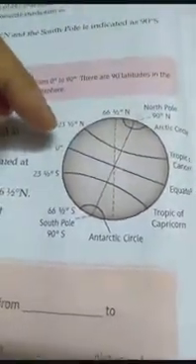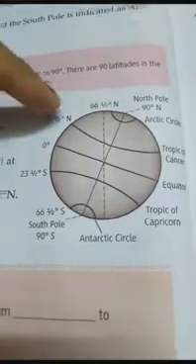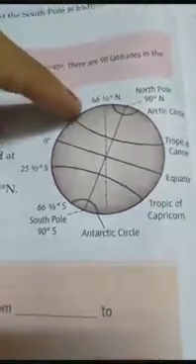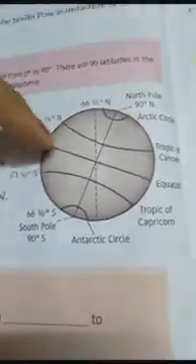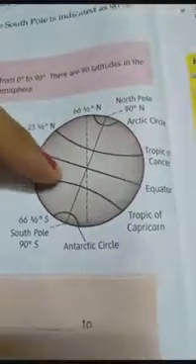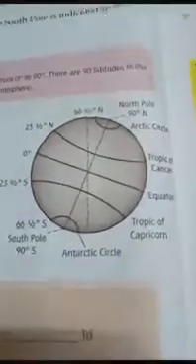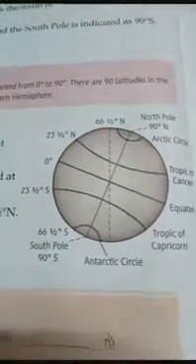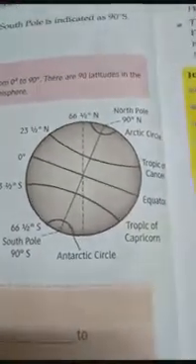And 23 and a half degrees north is known as the Tropic of Cancer, and 23 and a half degrees south is known as the Tropic of Capricorn. So these all are important lines of latitudes. Now we'll learn more about latitudes through an animation video.